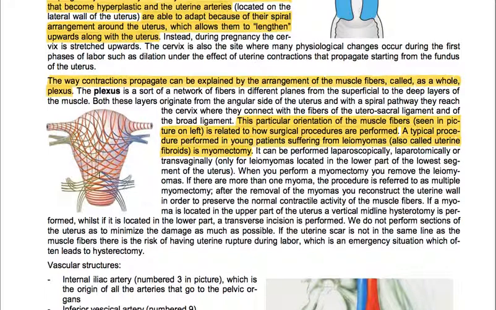We do not perform sections of the uterus, so as to minimize the damage as much as possible. In fact, if the uterine scar is not in the same line as the muscle fibers, there is the risk of having a uterine rupture during labor, which is an emergency situation, which often leads to hysterectomy.